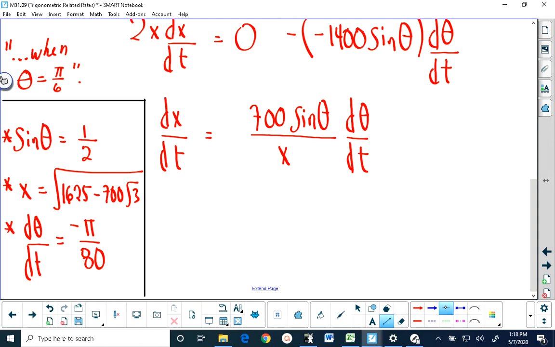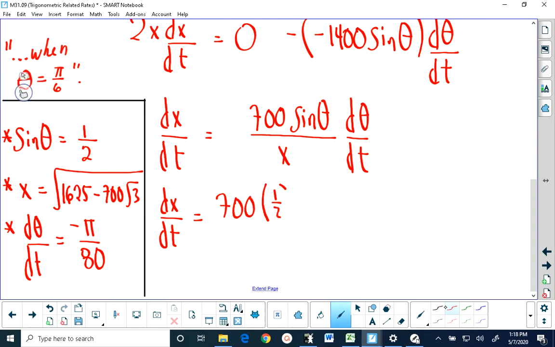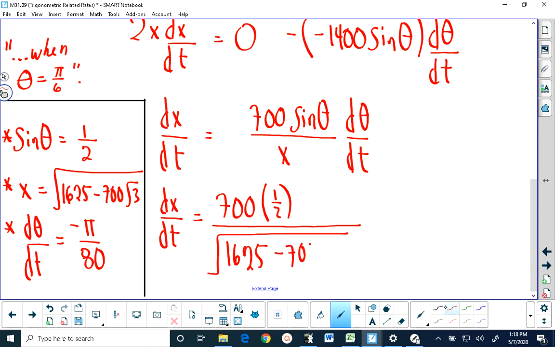And what we're going to get for dx/dt will be 700 multiplied by sine of theta, which is 1/2, over x, which is the square root of 1625 minus 700 root 3, multiplied by d theta/dt, which is negative pi over 80.